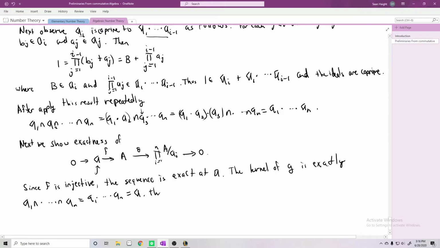Thus the sequence is exact at capital A.